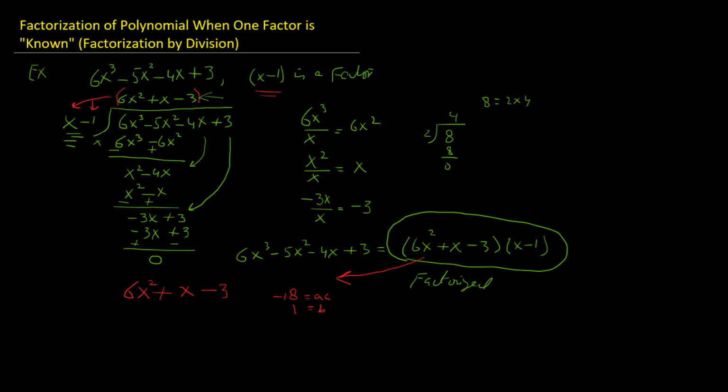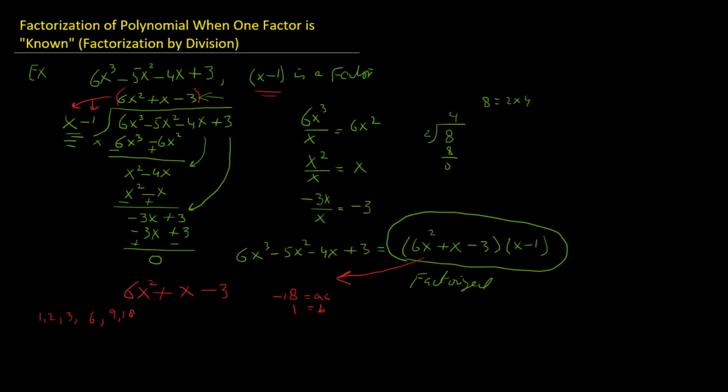So just write down the factors of 18. 1 into 18, 2 into 9 is also 18, 3 into 6 is also 18. So these are the factors of 18. Now our product has a minus sign.